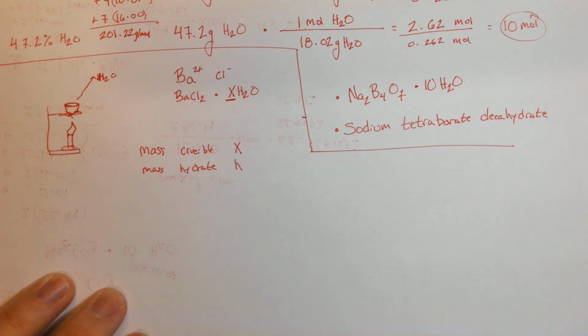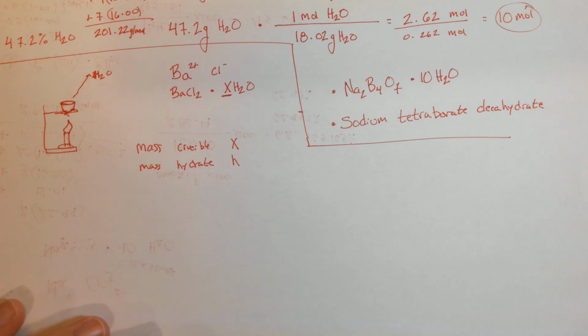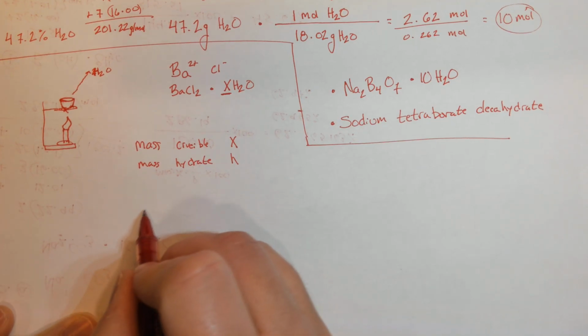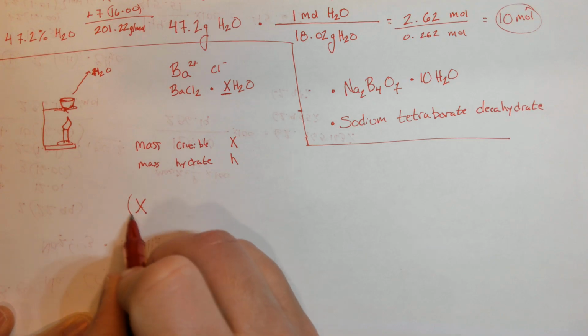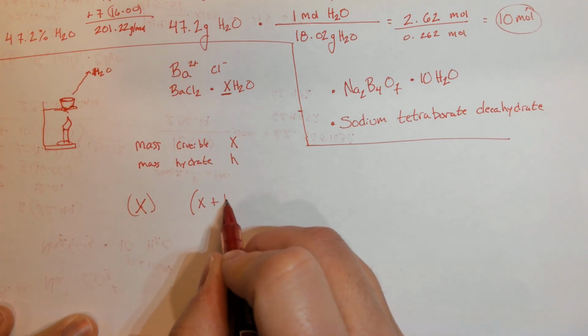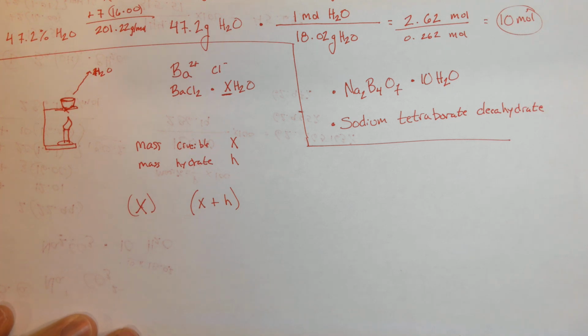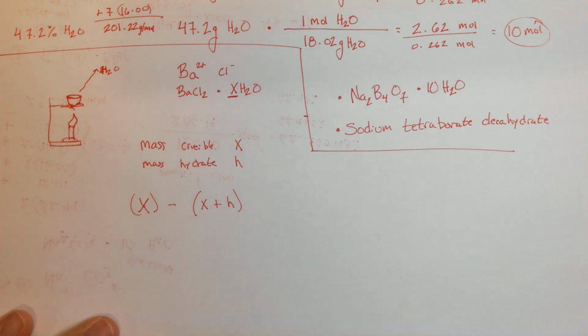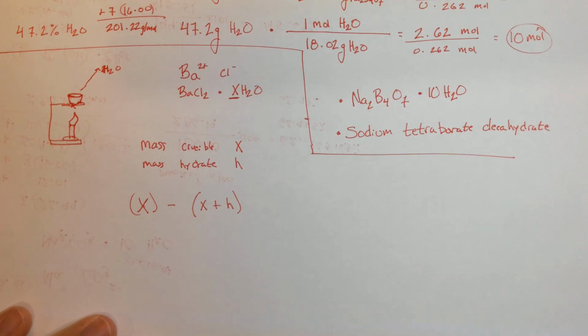And let's call the mass of the hydrate H. Okay, how do I find the initial mass of the hydrate? Well, that's like saying I've got the mass of the empty crucible, and I've got the mass of the crucible and the hydrate. Okay, all we have to do is subtract, right? And when we do that, we're going to get just the mass of the hydrate.